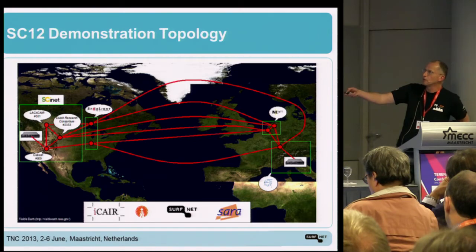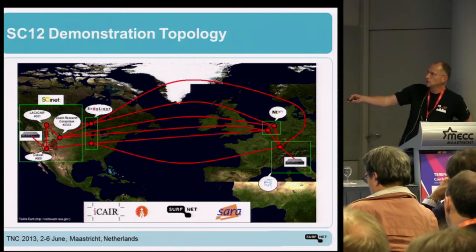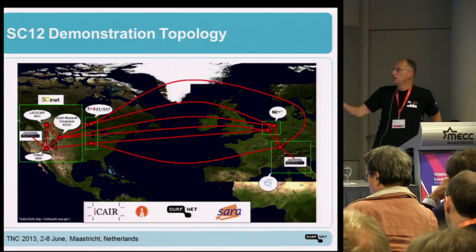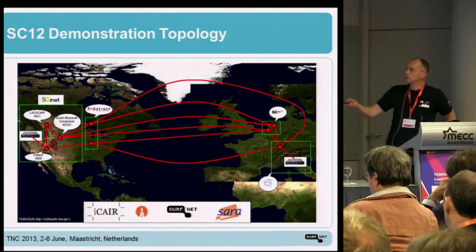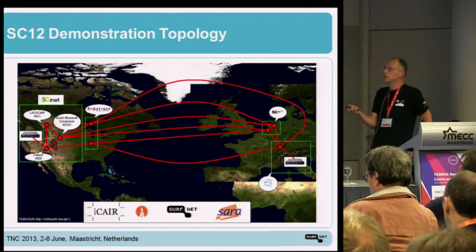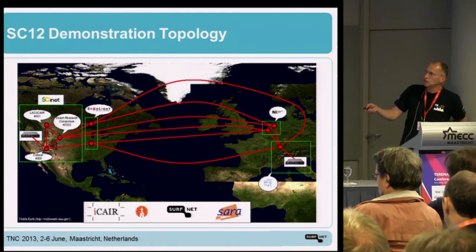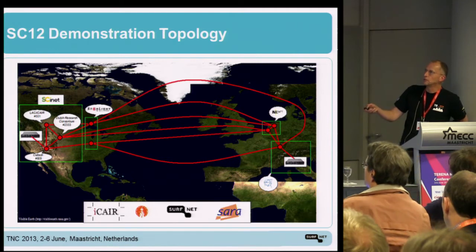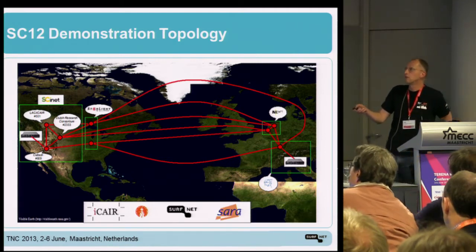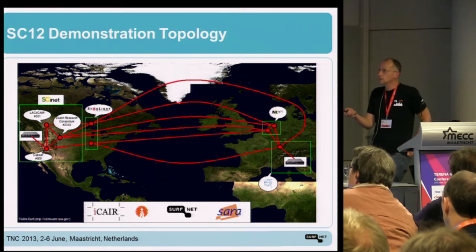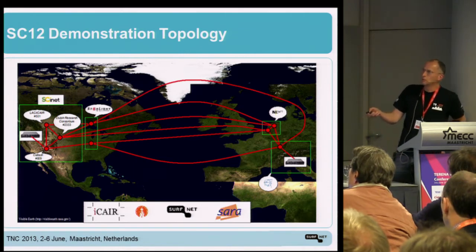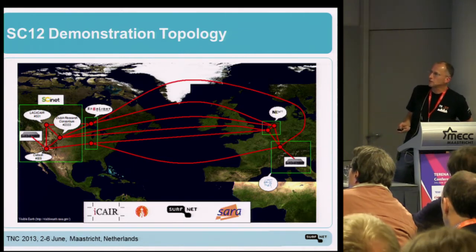There were 2 OpenFlow switches over there. There was 1 OpenFlow switch at Geneva, and a server at Geneva. And we had 4 10 gig links and 2 1 gig links. All of them went via StarLight in Chicago, up to the show floor at Salt Lake City.